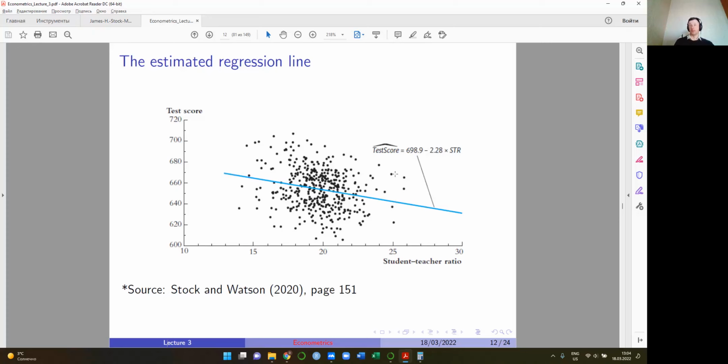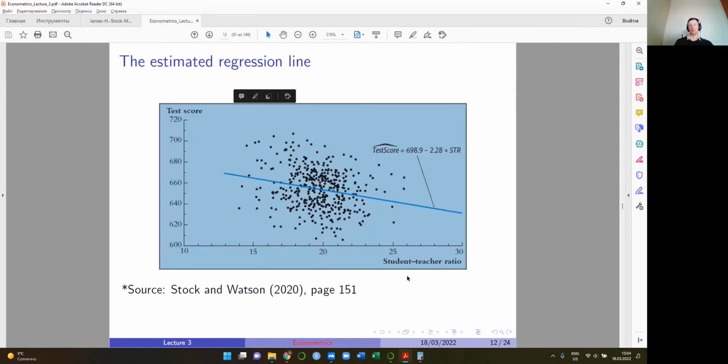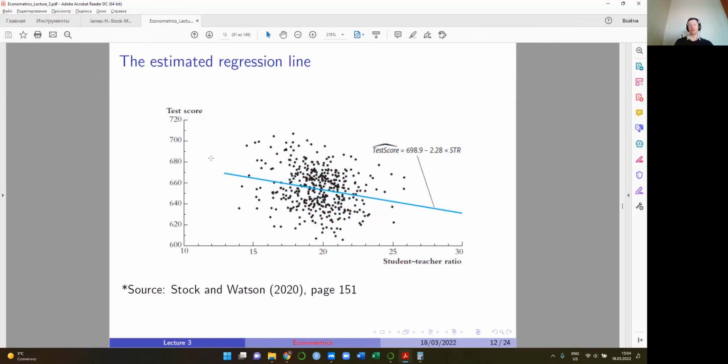But it is not reasonable because the data is bounded between student to teacher ratio of around 14 to 26. So everything to the left of 14 cannot be explained with the help of this line. Therefore, the intercept, as we also discussed, does not have any economic interpretation.